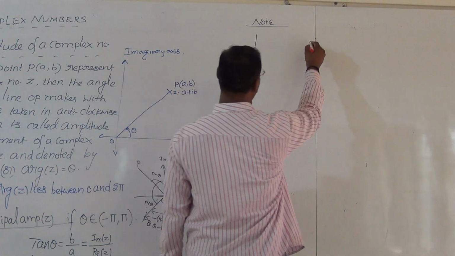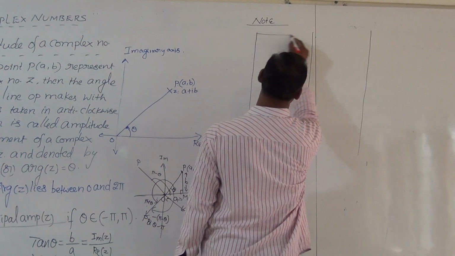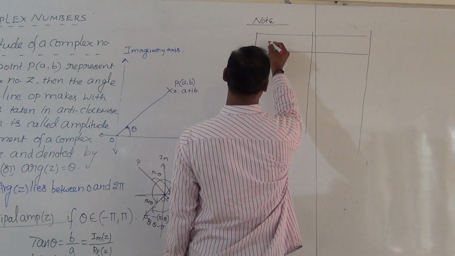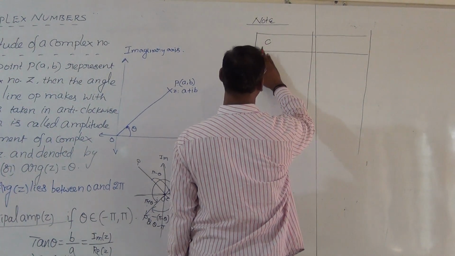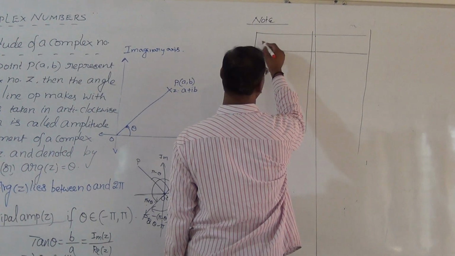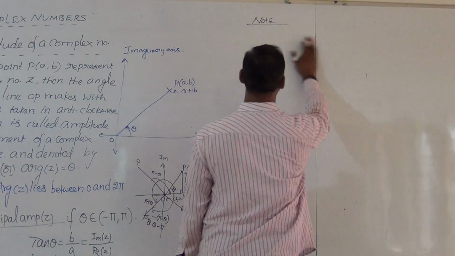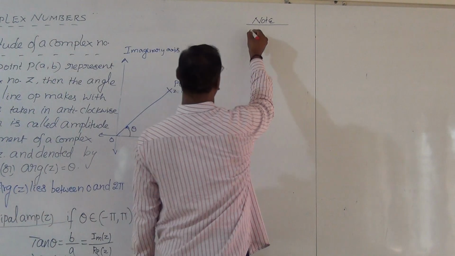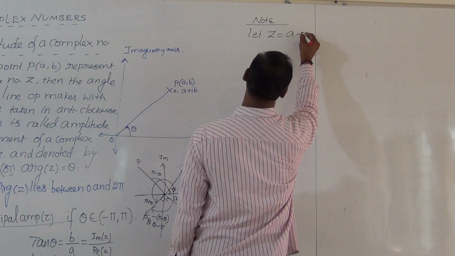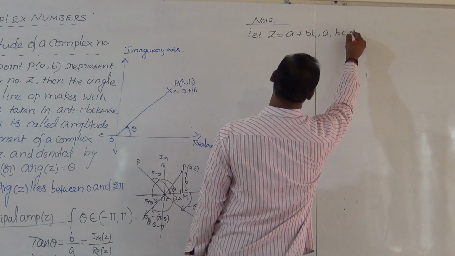So this is the complex number here. I take a simple table here. This is the quadrant. Let z, or P, be equal to a plus b iota, where a, b are real numbers.